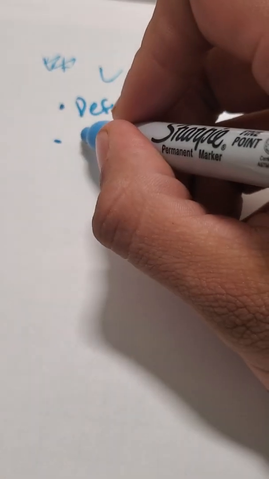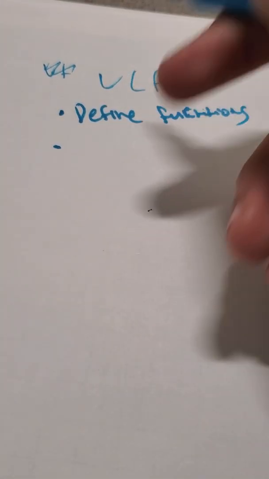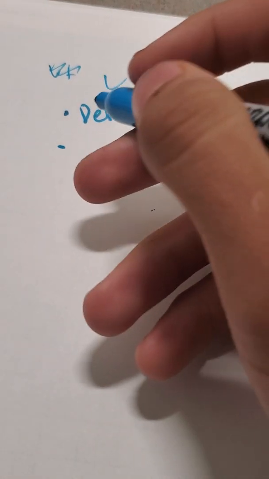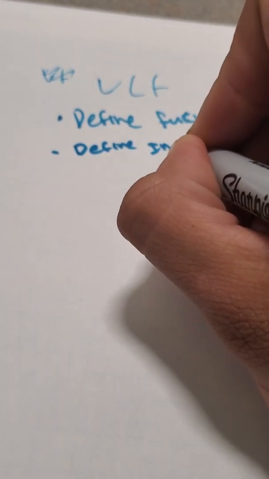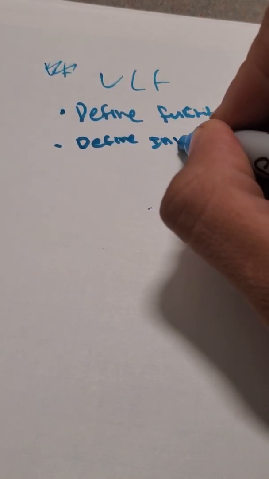It also allows us to, what's the word I'm looking for? It also allows us to later on define inverse functions. So pretty much we need to determine by the vertical line test if a relation is a function before we can find its inverse.